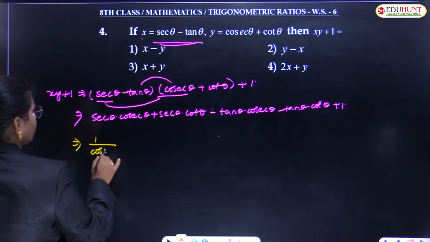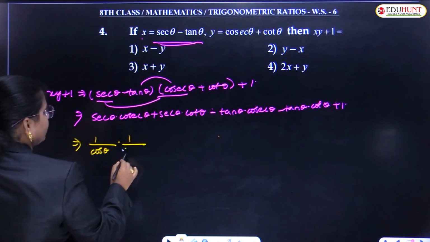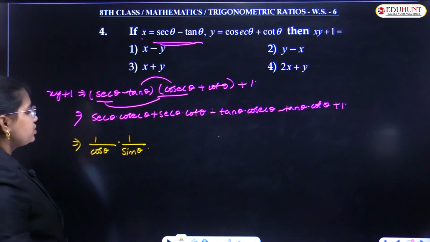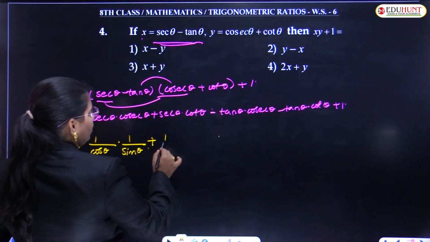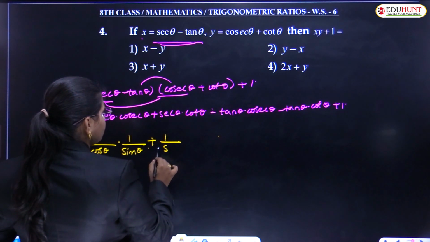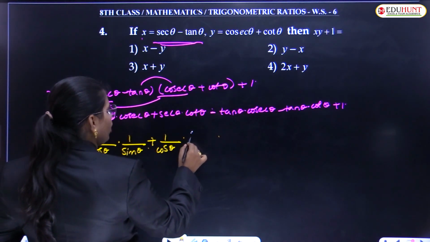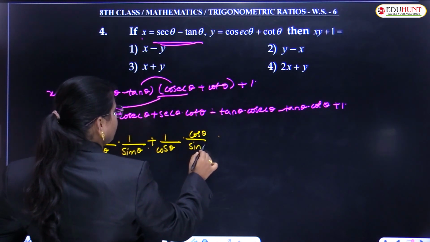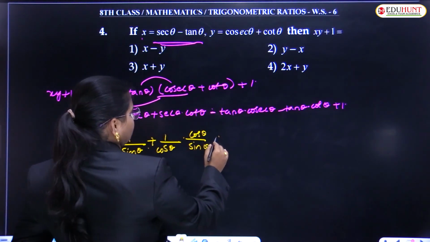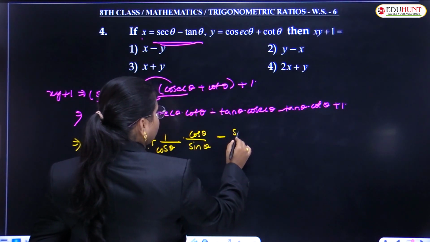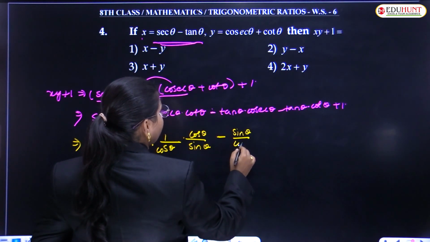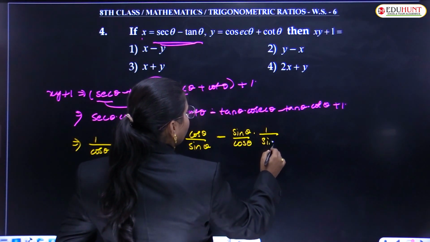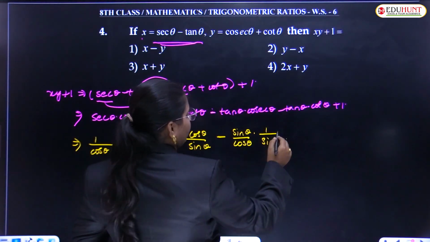Secant theta can be expressed as 1 by cos theta, and cosecant theta is a reciprocal function of sin theta, correct? Next, plus secant theta is 1 by cos theta, and cot theta can be expressed as cos theta by sin theta, correct? Next, tan theta can be expressed as sin theta by cos theta, into cosecant theta, a reciprocal function of sin theta, right?